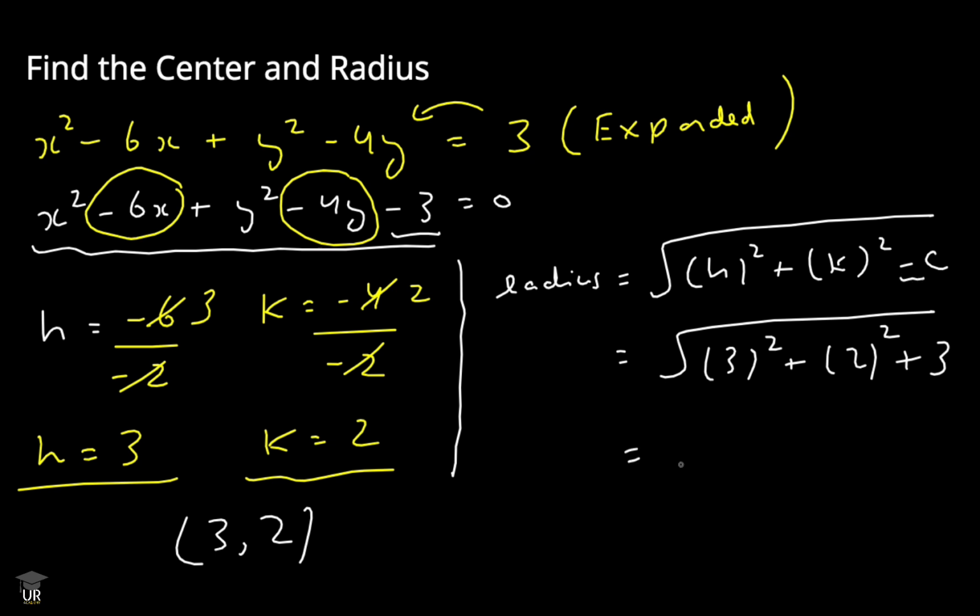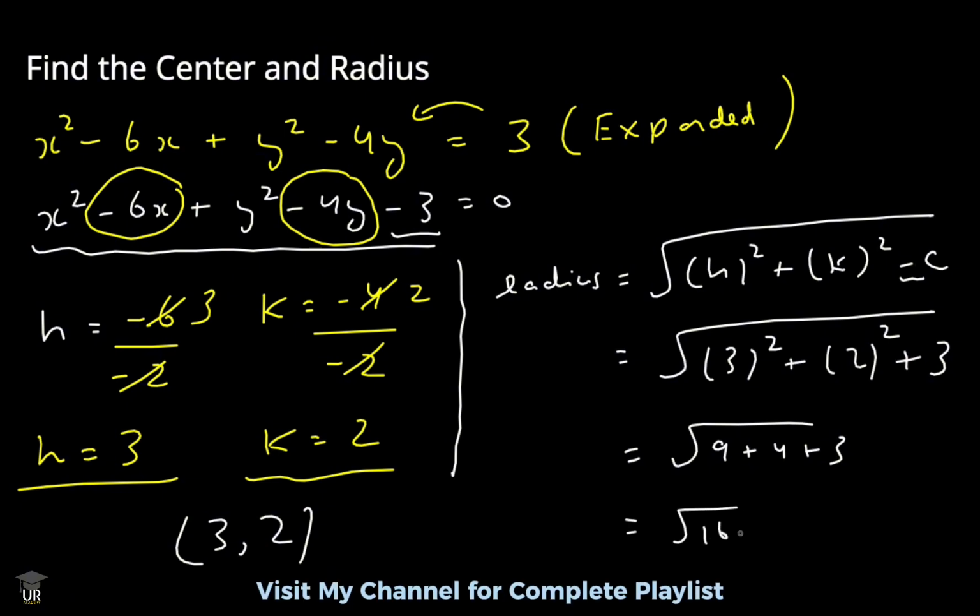So the answer will be 9 plus 4 plus 3. The answer turns out to be under root 16, and the value turns out to be 4. So this is my radius of the circle. Using the direct method, I found out these coordinates.